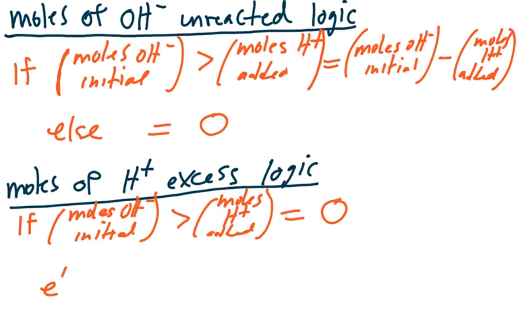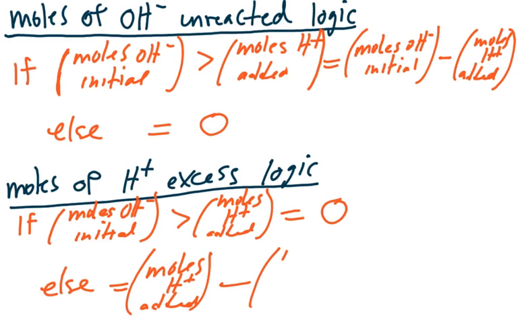If that's not the case, if then or else, so basically if it's true, we get the first line. If it's false, then we'll take moles of H plus added minus moles of OH minus initial.